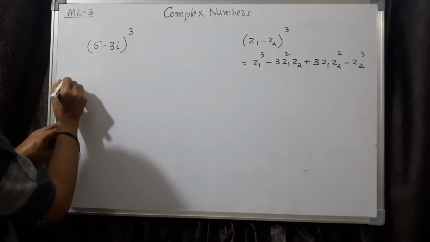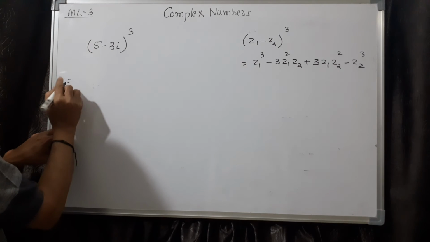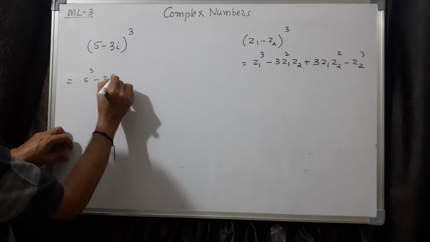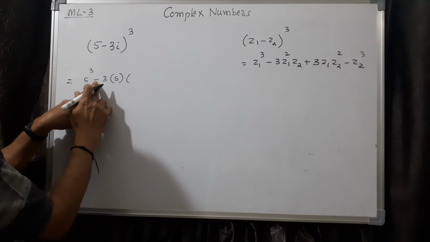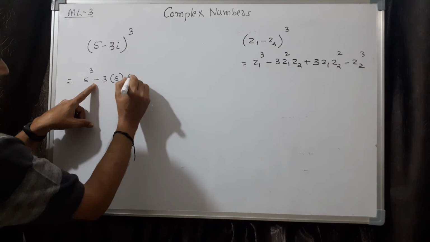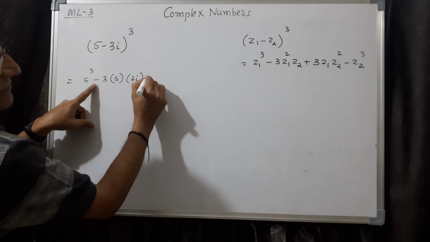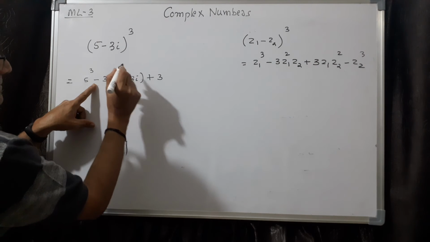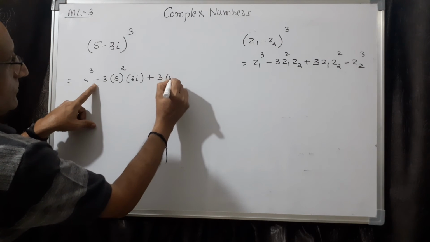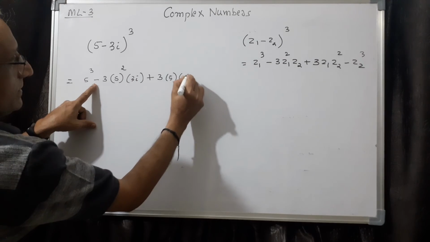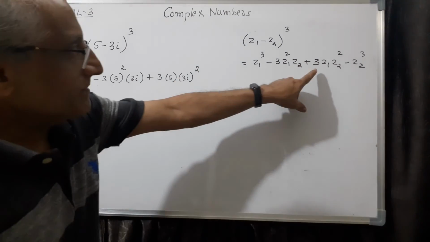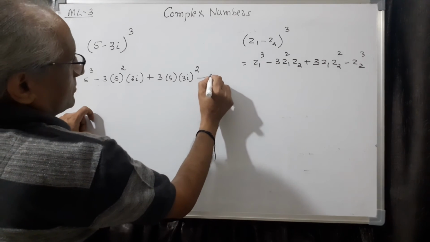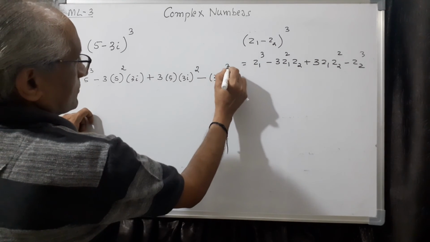So this will be equal to, first, z1 is 5, so it is 5 cube minus 3 into z1, which is 5, into, since you have taken minus 5 here, z2 is directly 3i, then plus 3 z1, here of course square, so 5 into (3i) whole square, plus only (3i) whole square, then minus z cube, means (3i) whole cube.